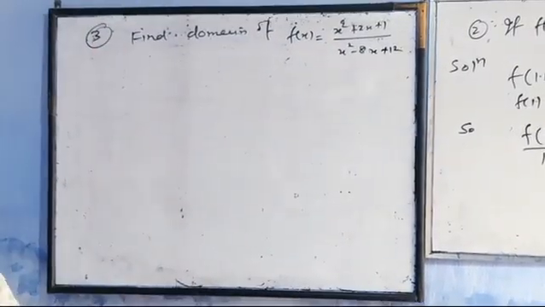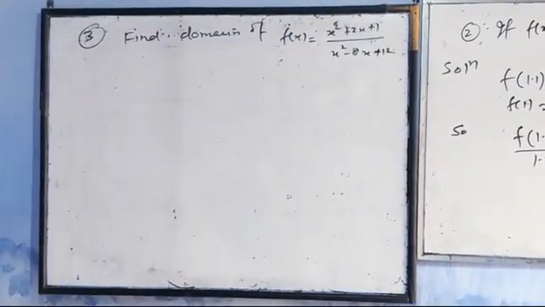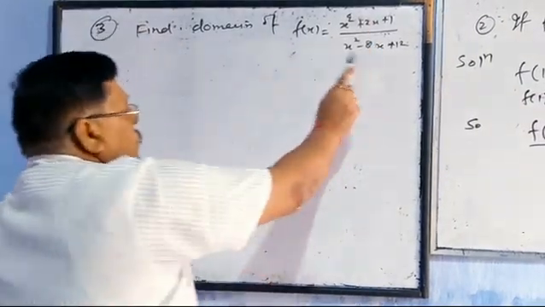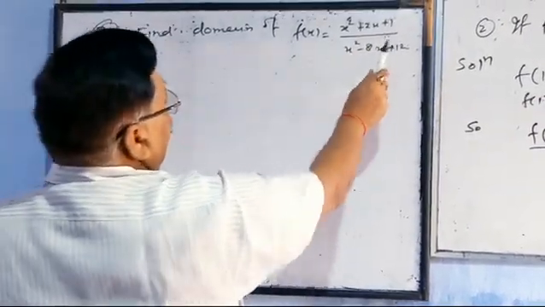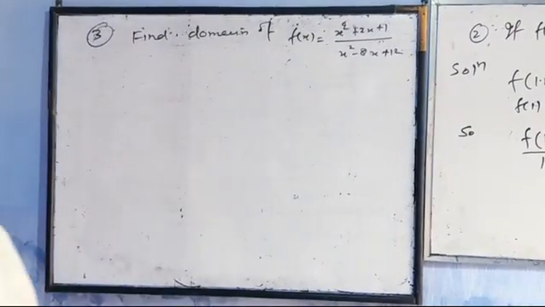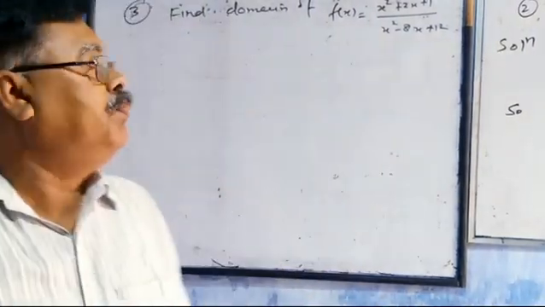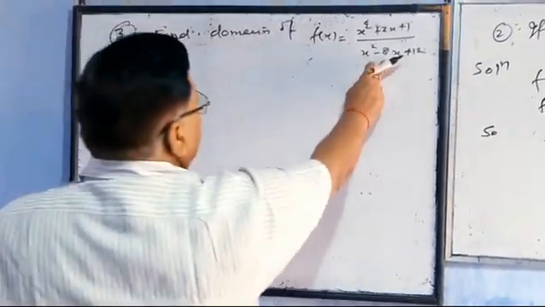Student, you notice here it is a rational function. It is a polynomial by polynomial. So for a rational function, to find the domain, we put the denominator equal to 0.